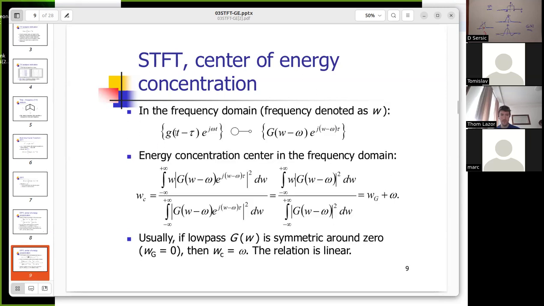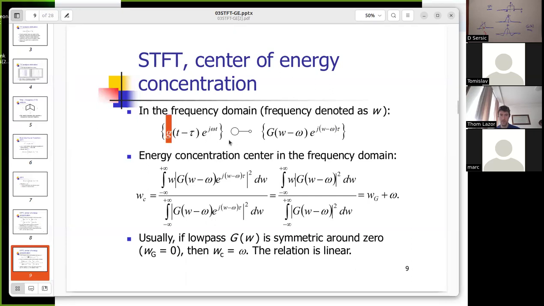We have a product of the two terms. Due to the shift in the time domain, we have an exponential part in the frequency domain. Due to the exponential part in the time domain, we have a shift in the frequency domain, but the result is pretty much similar. So in time and frequency domain, we have something that looks alike.